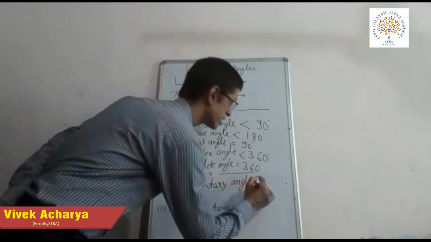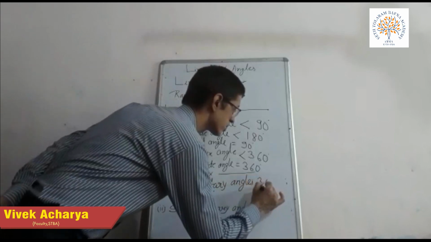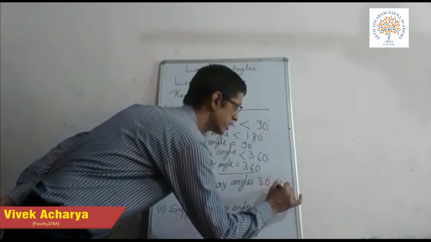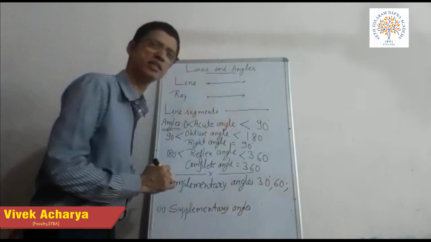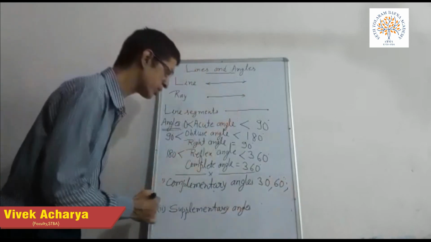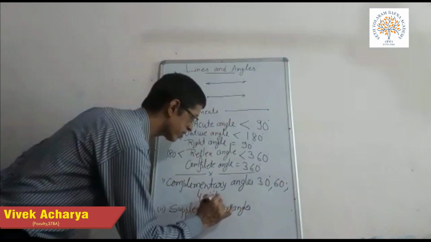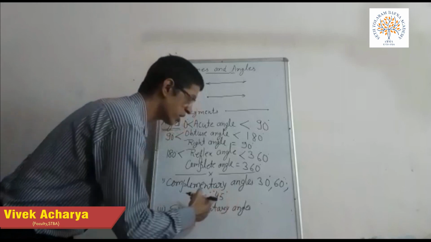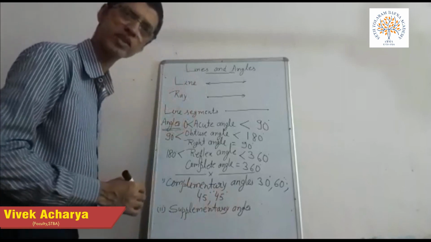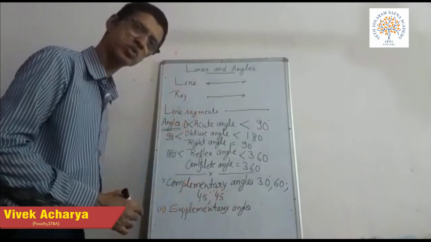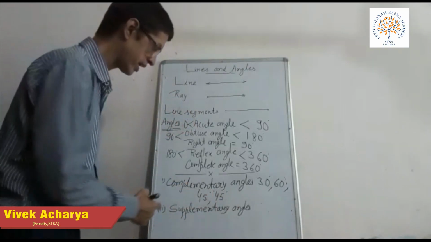For example, 30 degrees and 60 degrees. Another example, 45 and 45. These are also complementary. As you can see, their sum is 90 degrees. So these are complementary angles.